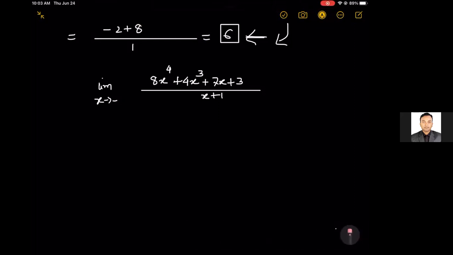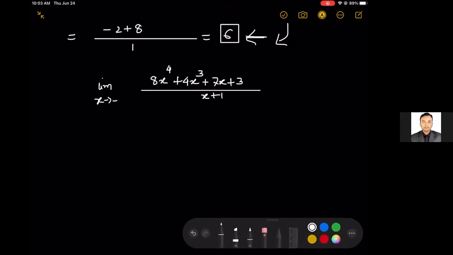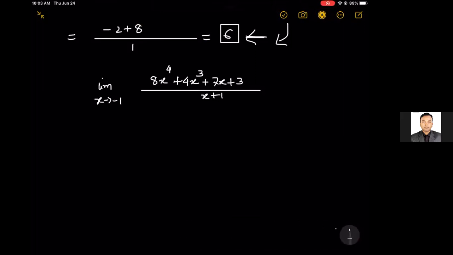Try plugging -1 into the x. Very good. First of all, we need to plug in whatever x is approaching into the place of the variable, whatever the variable is. If we have t here, we'll have t there as well. And check whether or not we have an indeterminate form.